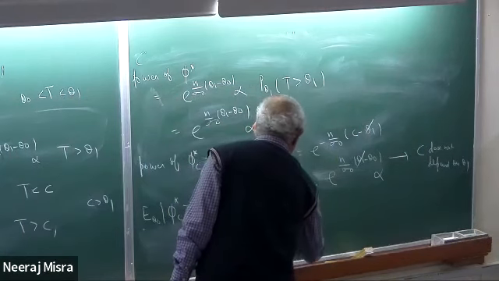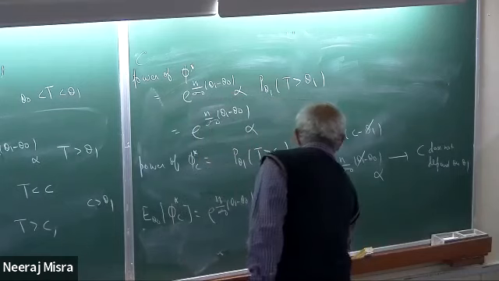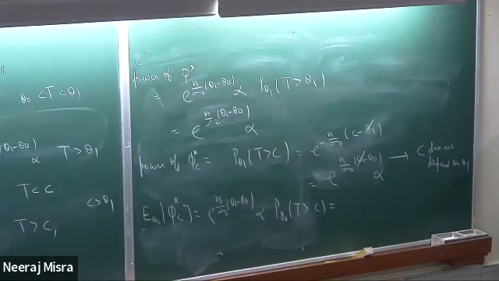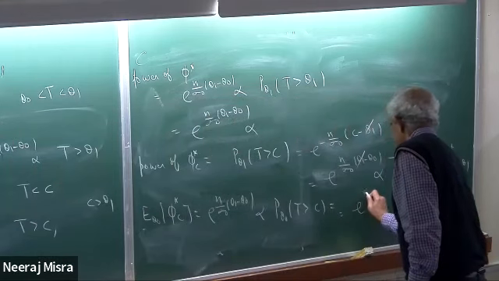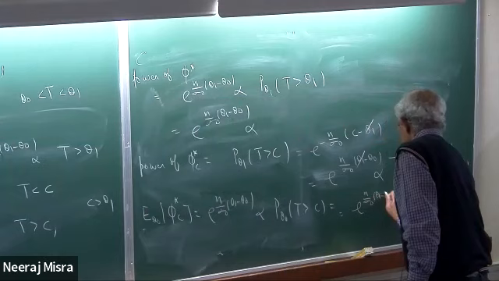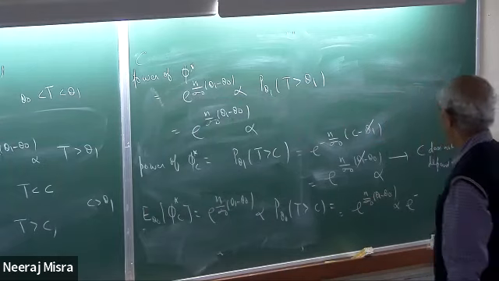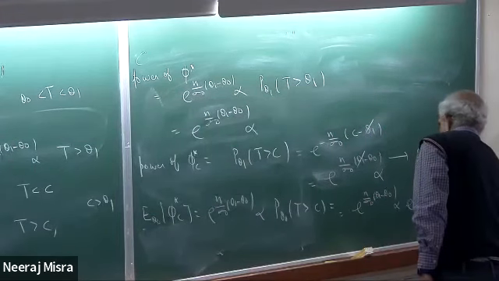Then probability under H naught, T is bigger than C. What is T bigger than C? E to power minus n by sigma naught. In fact, it's this quantity, alpha e to power minus n by sigma naught (C minus theta naught).